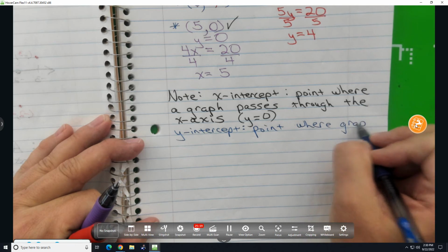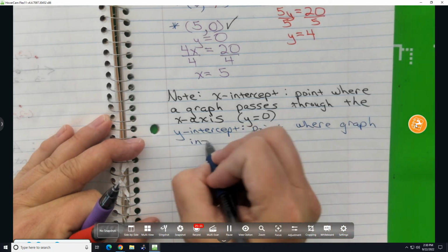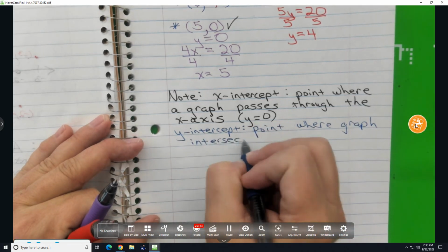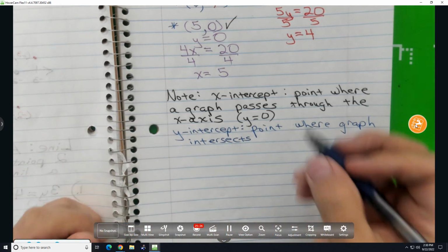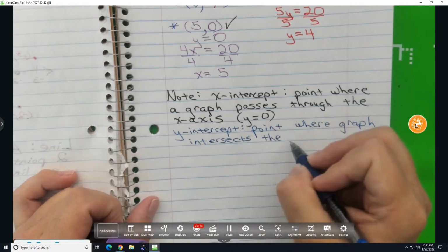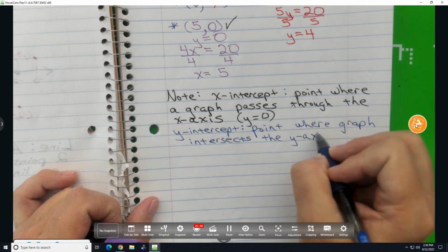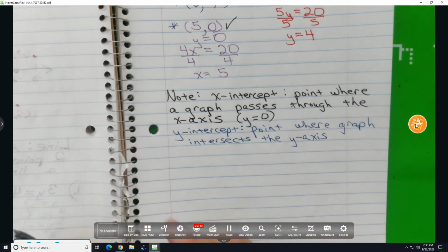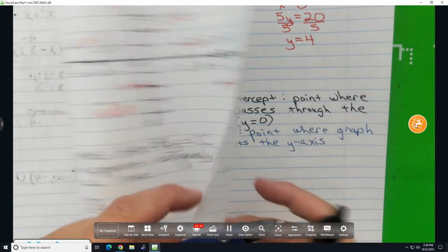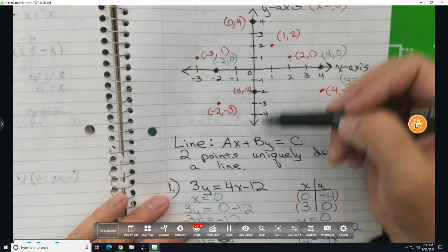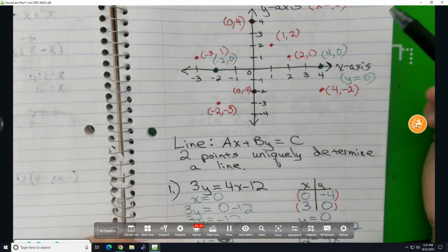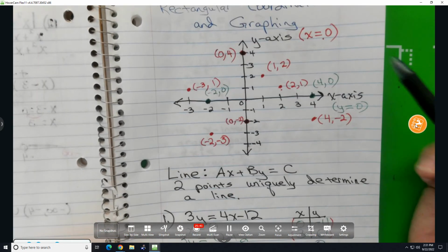I think I'll just say graph intersects. It's fewer letters. It's the point where the graph intersects the y-axis. And if a point is on the y-axis, we said earlier, what must be true about the x value?